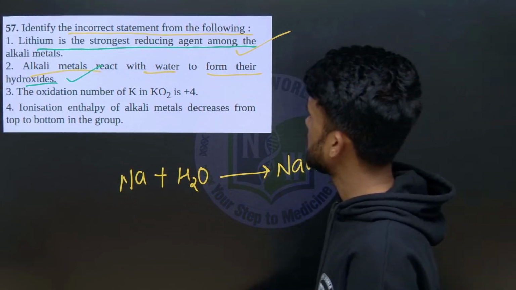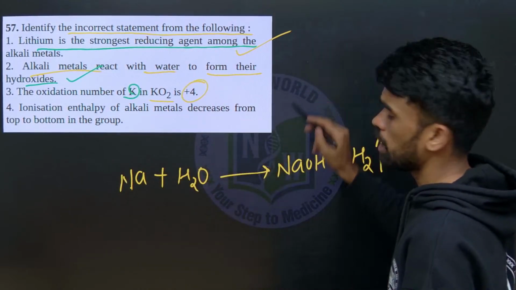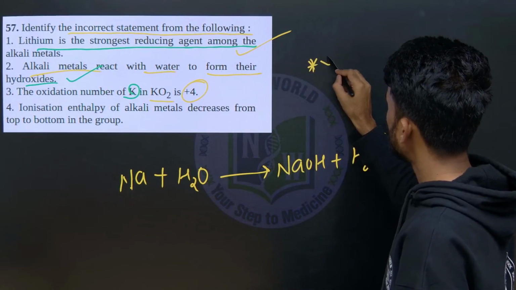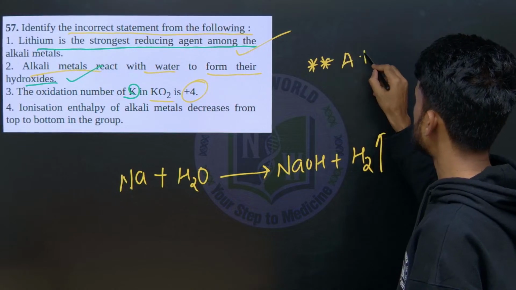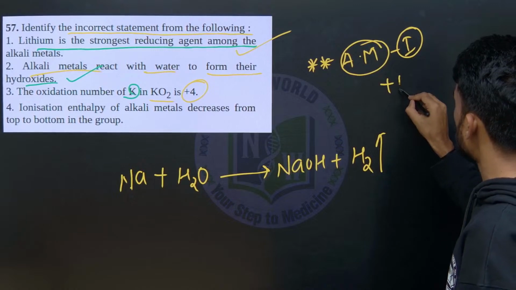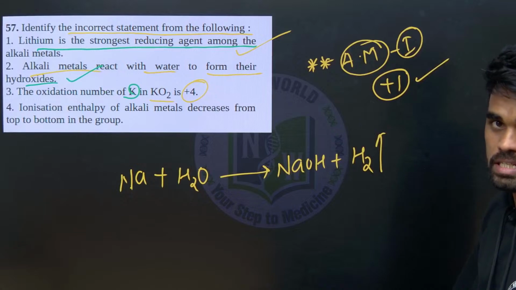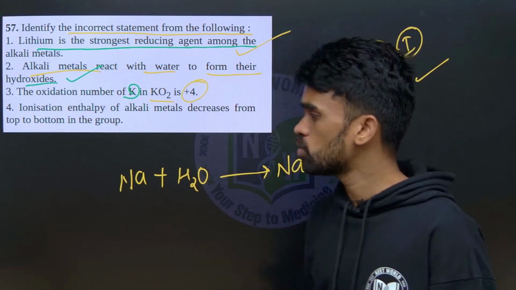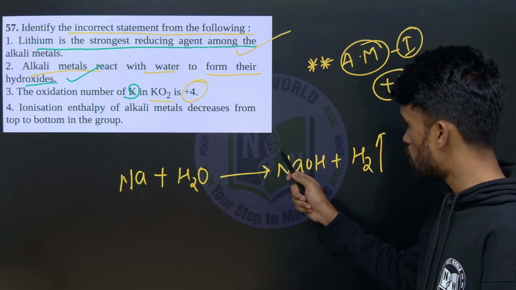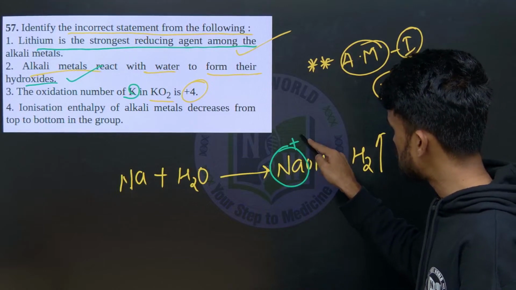The next statement: the oxidation state of K in KO2 is +4. No, it is a very basic thing. In all cases, alkali metals, that is, first group elements, will show an oxidation state of +1 in their compounds. Whenever sodium or any alkali metal is present in a compound, it will have +1 oxidation state.